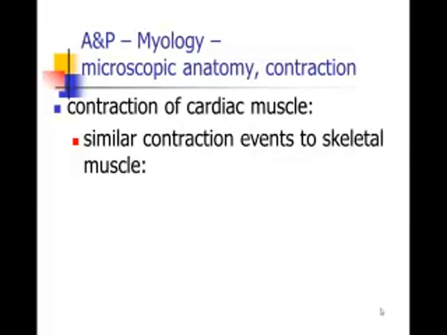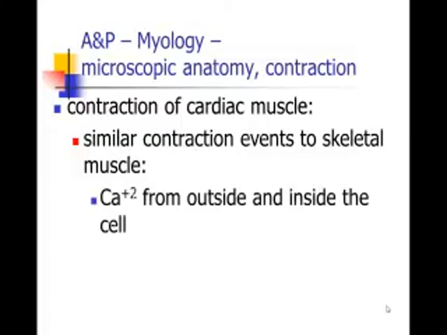In terms of cardiac muscle cells, they contract with pretty much the same events that skeletal muscle cells use. But there's a major difference. In the skeletal muscle cells, all the calcium comes from the sarcoplasmic reticulum.